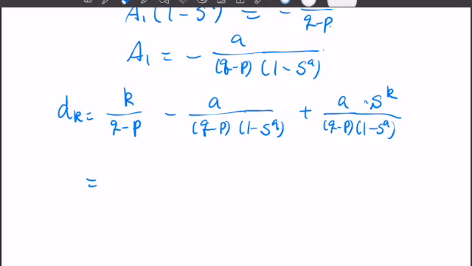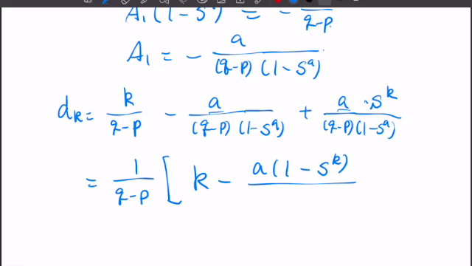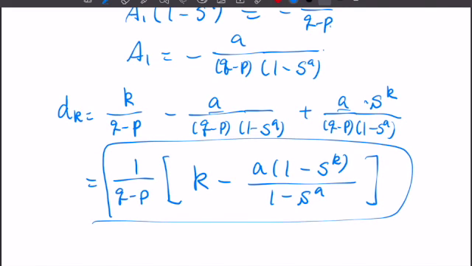Maybe we can make it a little bit prettier. Let's see, how can we do it? We factor this out, and we get: minus a times (1 minus s^k) over (1 minus s^a). Yeah, so this is the general solution when p is not equal to q.